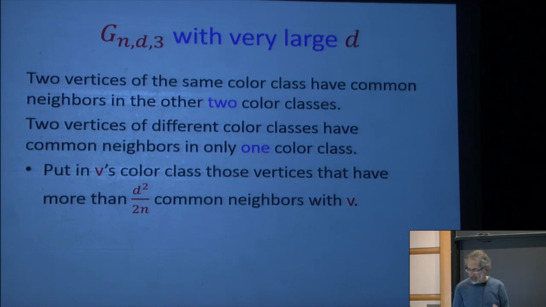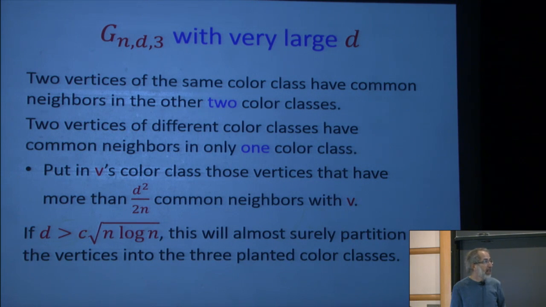So in this case, a simple algorithm when d is very, very large would be to pick a vertex v and ask which other vertices are in the same color class as v. Those which have a lot of common neighbors with v would be in the same color class.